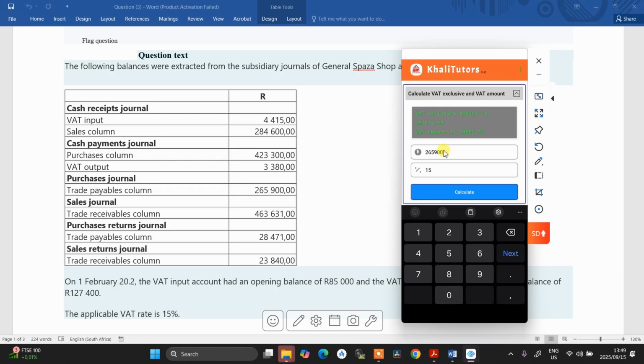We are only going to change these values here at the top, and then we write 28471, and then click calculate, and then it gives you the VAT amount, which is 3,713 rand and 61 cents.